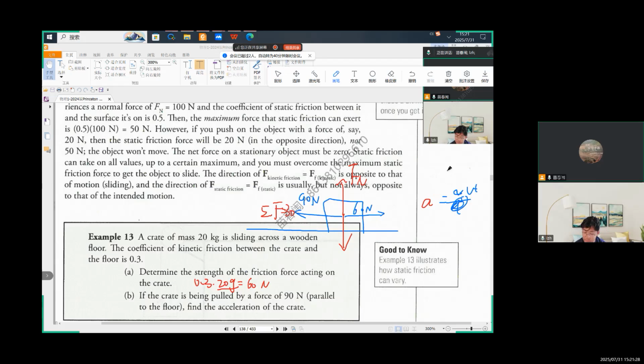Not exactly. If you want to use it, it's delta V over delta T. Also, you can use Newton's second law, F equals ma. So force 30 equals 20 times a, so we have 1.5, right? This is 13.